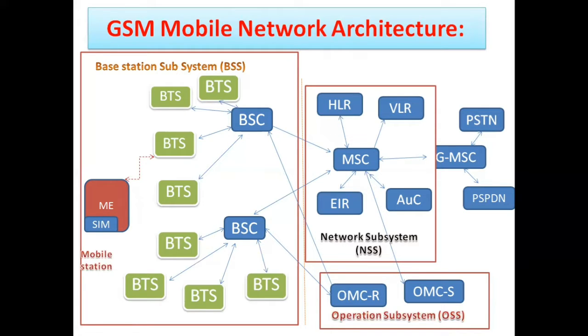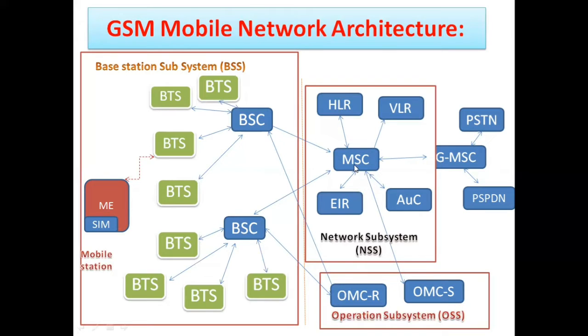Once the mobile equipment is validated, once it is identified by the network, then the MSC, the mobile switching center, will access the HLR, home location register, to identify the identity available in the SIM. The SIM is identified by a unique number called the IMSI, International Mobile Subscriber Identity. This International Mobile Subscriber Identity is available concerning that particular user in the HLR, home location register.